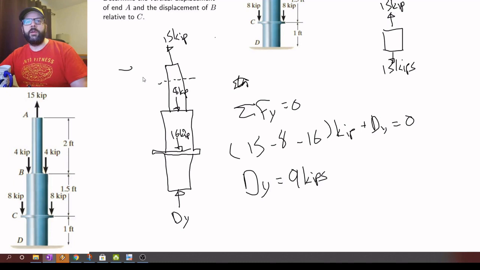So from here to here, we got a 15 kip load. It's going to be tensile, so it's positive.